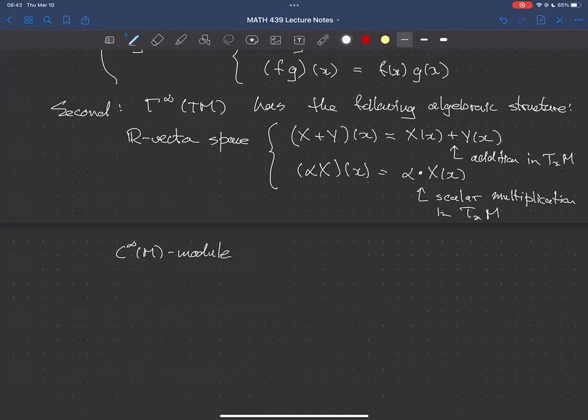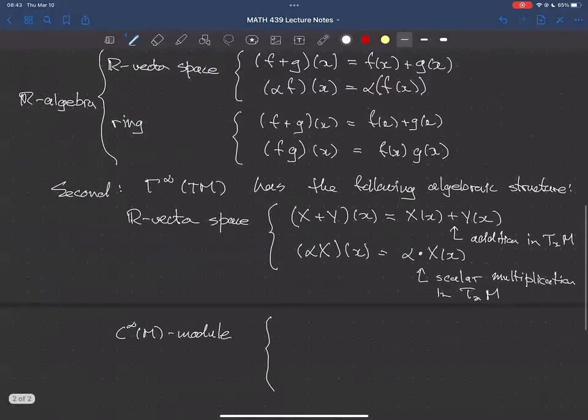So this is the name for this structure. And this structure is rather like a vector space structure, except in a vector space, your multiplication is done by scalars, which are from a field, say the field of real numbers or the field of complex numbers. For a module structure, the scalars aren't from a field, but they're from a ring. And the ring here is going to be this one that I've defined up here.